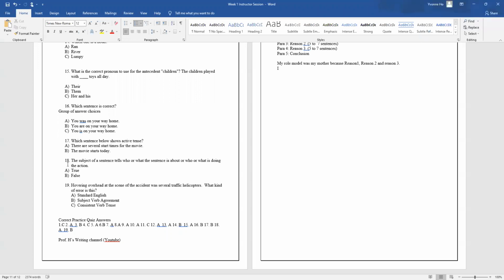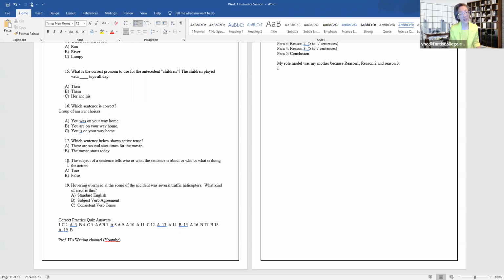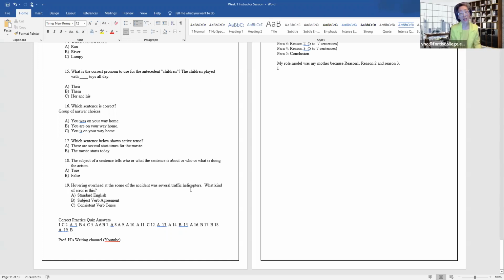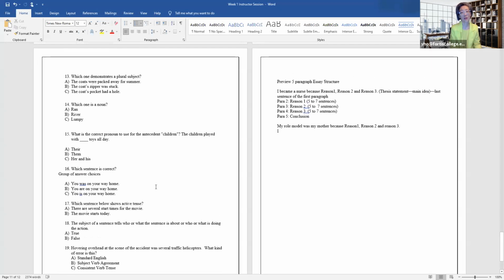No, subject verb agreement. Excellent. Because here you have helicopters. This is a plural subject, which takes were. So therefore, plural subject, and this is not correct. So yes, subject verb agreement.